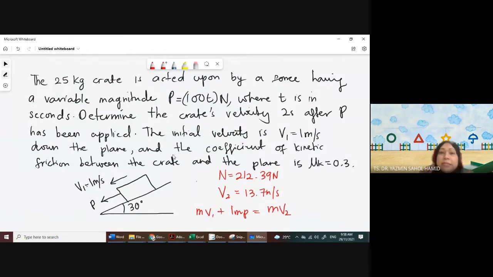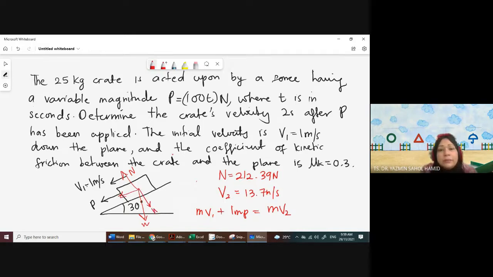Then macam mana? Normal force senang je. Okay, soalan ni terlalu senang. Free body diagram dia semua orang tahu. Weight ke bawah, normal force ke sini, betul tak? And then you kena resolve lah.